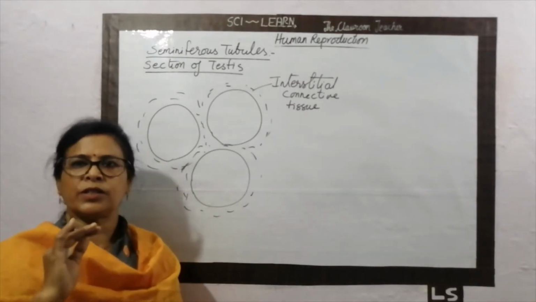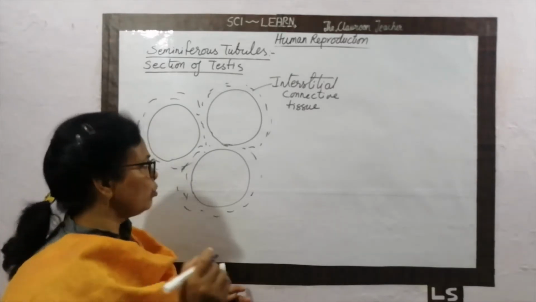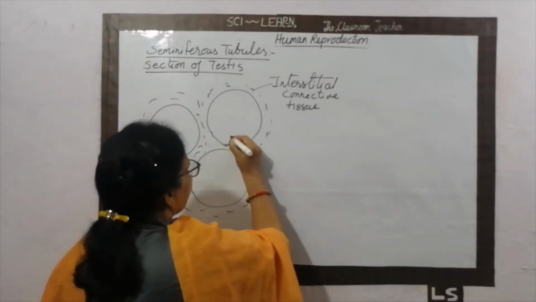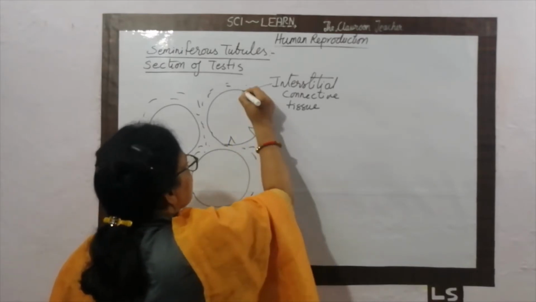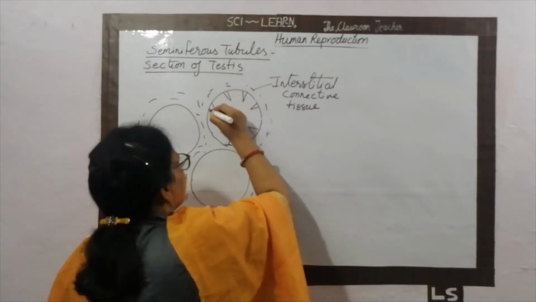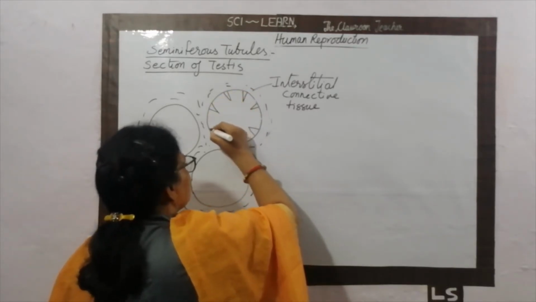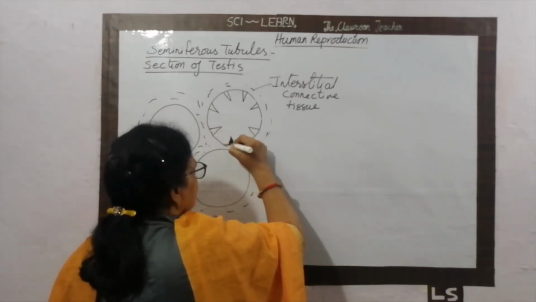The seminiferous tubule is actually made up of two types of cells. Two types of cells are clearly visible in this section of the seminiferous tubule. These are the cone-shaped cells. All these cells are cone-shaped cells.